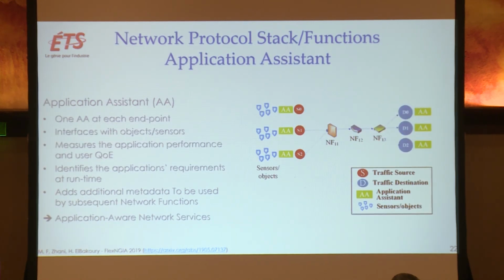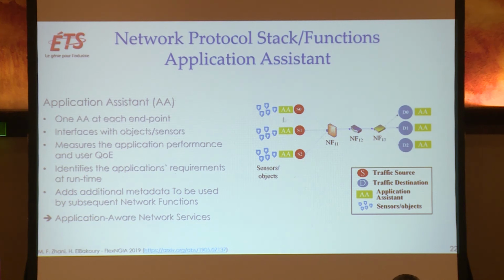For the application assistant, the idea is to have an application assistant at each endpoint. Basically, we have sensors and a lot of data coming in. For example, we have cameras trying to capture holograms. The application assistant will try to analyze all the data coming from the sensors and decide which data, for example, is important. It will add, for example, metadata about the context of the application and so on.